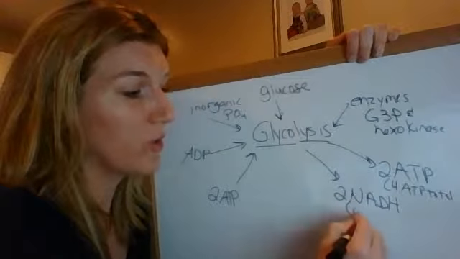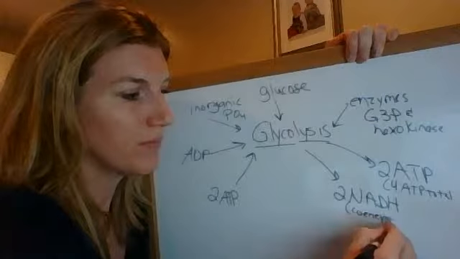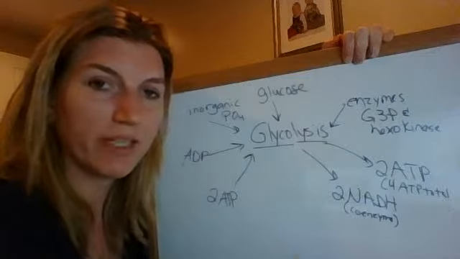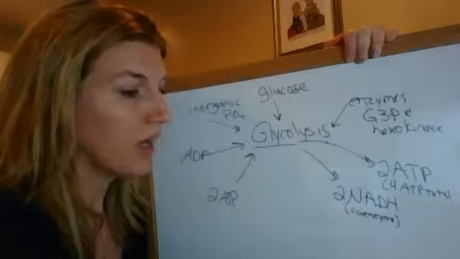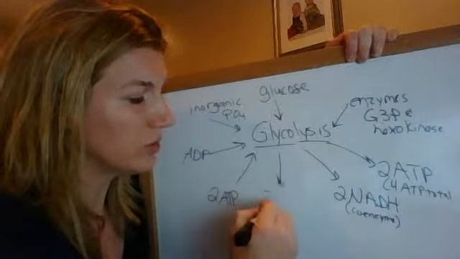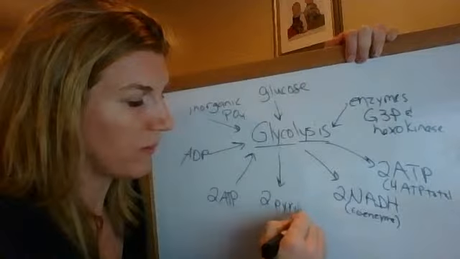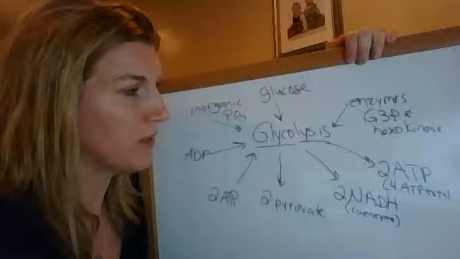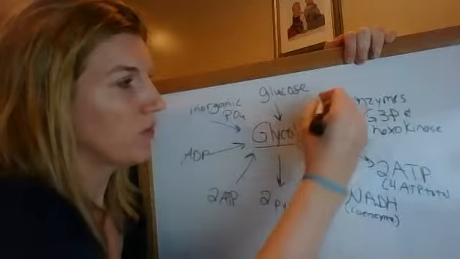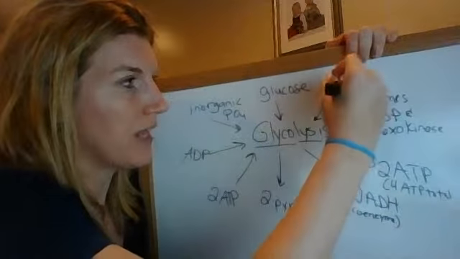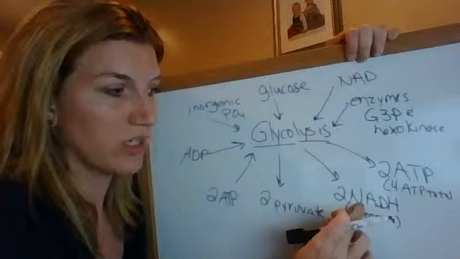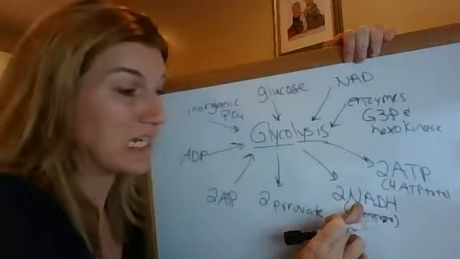NADH is a coenzyme that's going to play a role later on. It's kind of like a placeholder. It's also going to yield 2 pyruvate molecules. Oh, we also need NAD. And the NAD, as you can imagine, is going to be used to make the NADH.